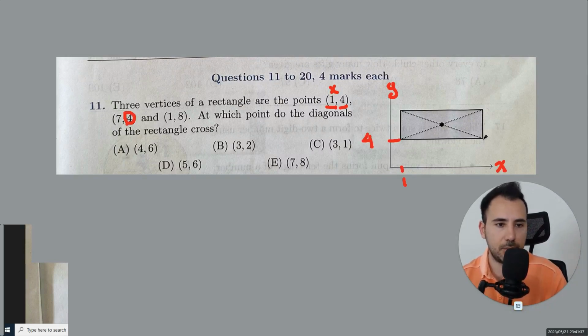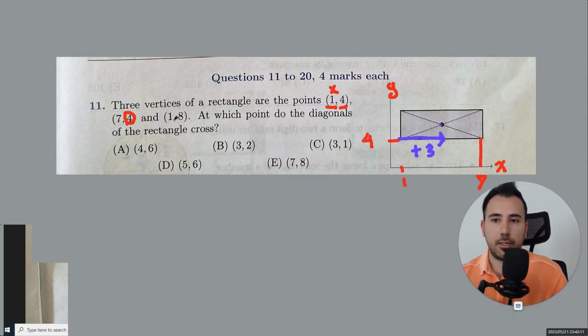The x is changing, so this would be 7. Okay? And that means how long is this side of the rectangle? 6. To get to this cross point, this intersection, we need to go 3. It's going to be plus 3 later.